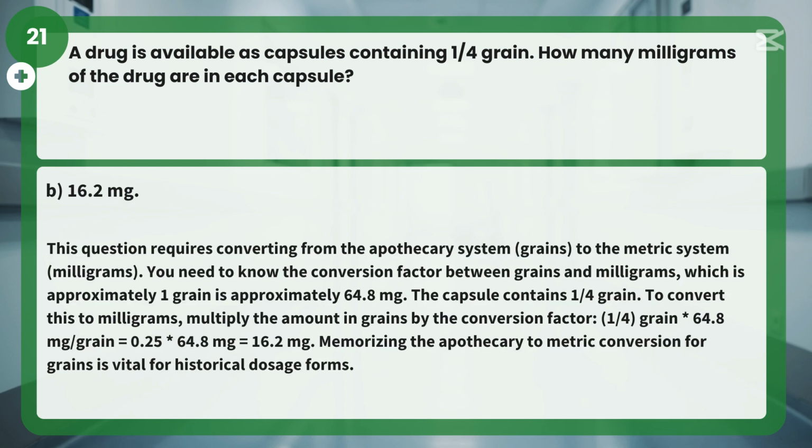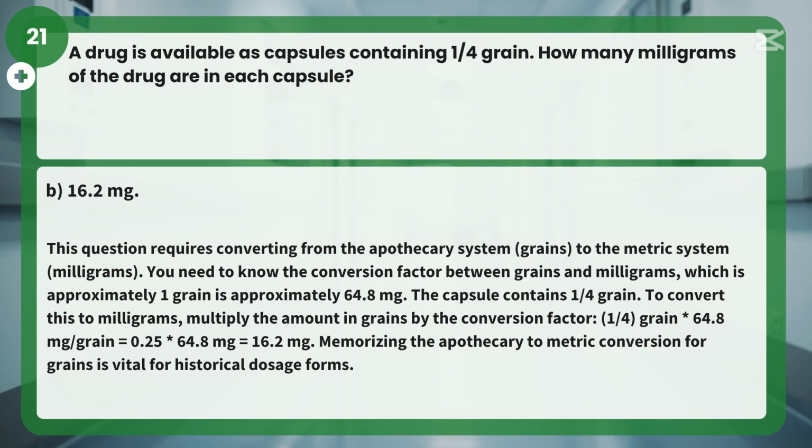Answer: B. 16.2 milligrams. This question requires converting from the apothecary system, grains, to the metric system, milligrams. You need to know the conversion factor between grains and milligrams, which is approximately 1 grain is approximately 64.8 milligrams. The capsule contains 1/4 grain.